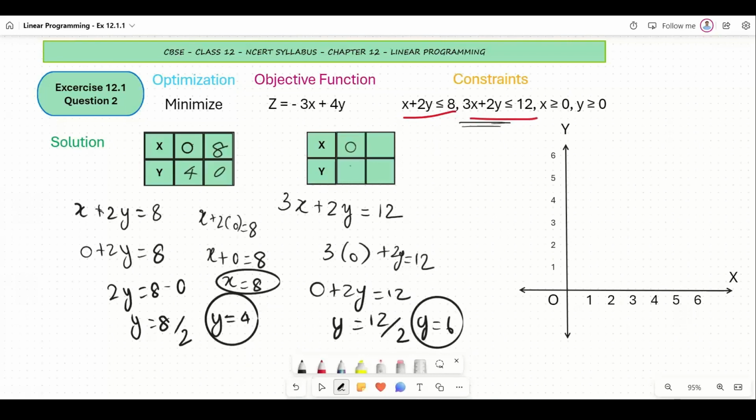Now let's substitute 0 for y in this formula and then find out 3x plus 2 of 0 is equal to 12. 3x plus 0 is equal to 12. 3x is equal to 12 minus 0, and we'll get 3x is equal to 12.